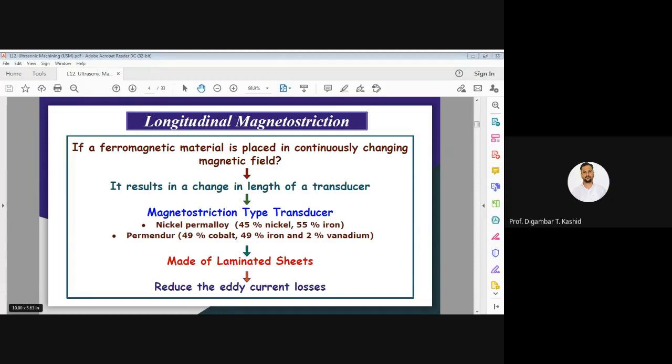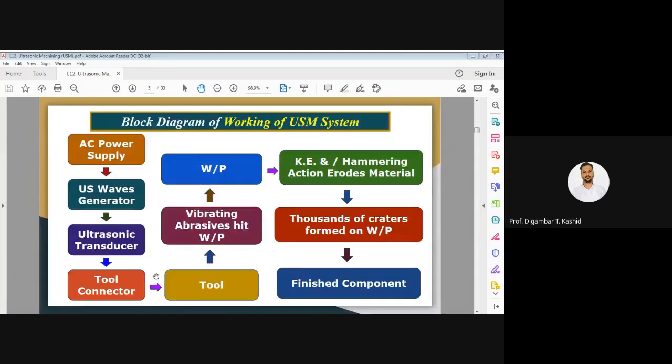Now come to our main point, that is the block diagram of this ultrasonic system. Here I have shown the block diagram, you can see. The ultrasound transducers convert an appropriate form of energy into ultrasonic waves. Why am I taking the name ultrasonic?